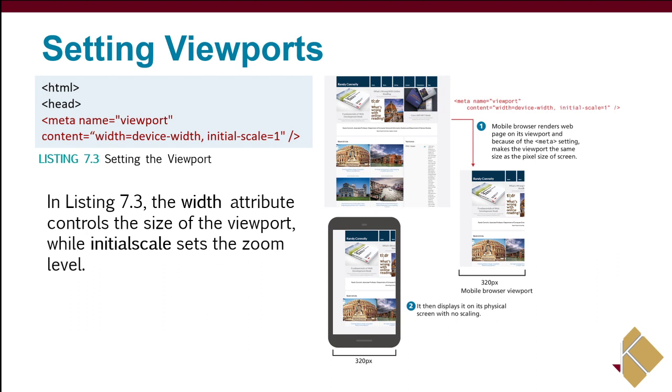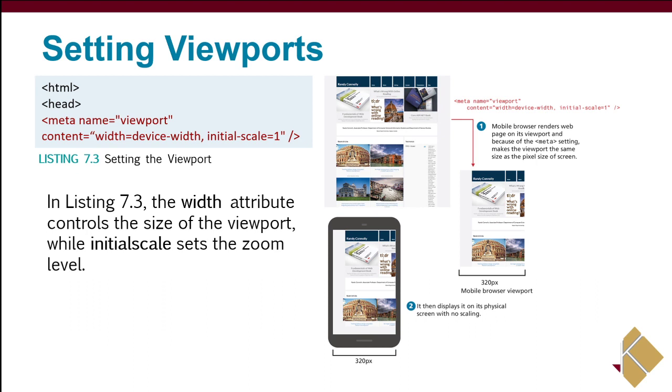So, viewports. When you create your website, in your meta, you can set a viewport. The width attribute is the size of the viewport, and the initial scale is the zoom level.